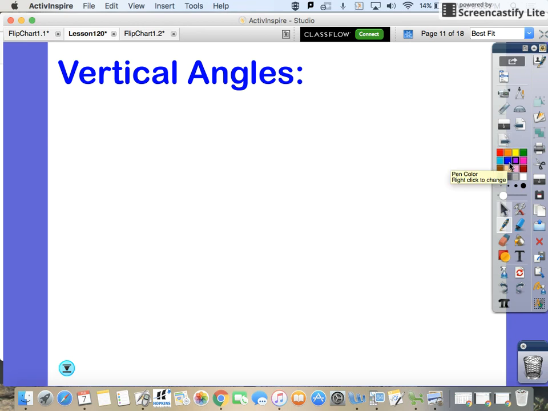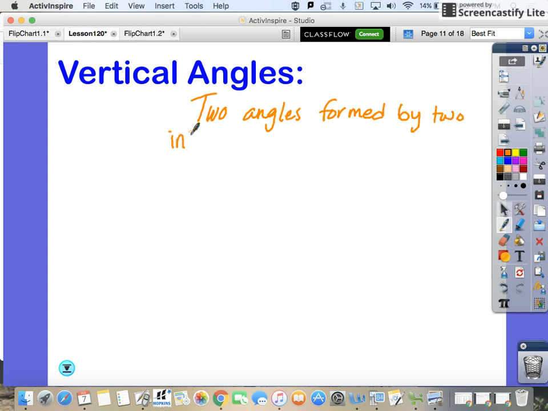And then vertical angles, these are two angles formed by two intersecting lines that have the same value.